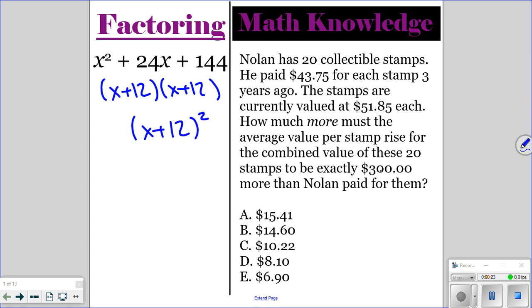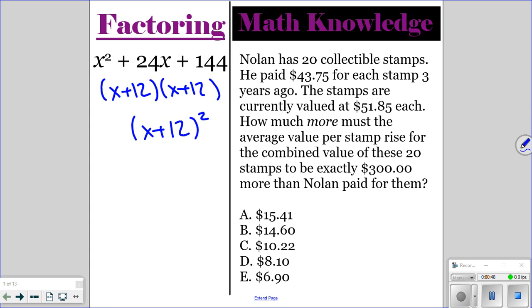Okay, for the math knowledge question, it asks how much more must the average value per stamp rise for the total to be exactly $300. So he currently values the stamps at $51.85, and he has 20 of them.